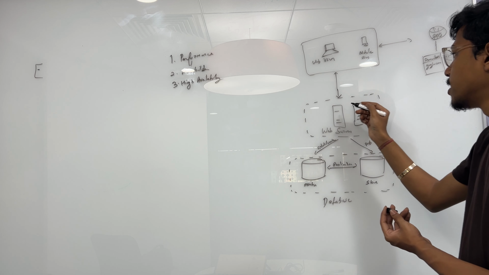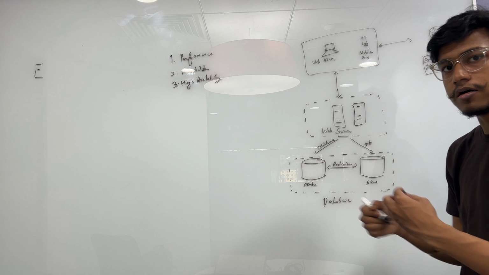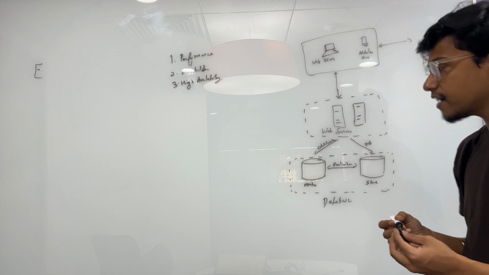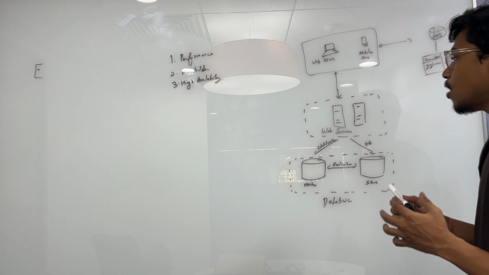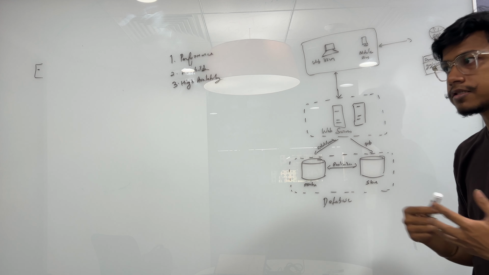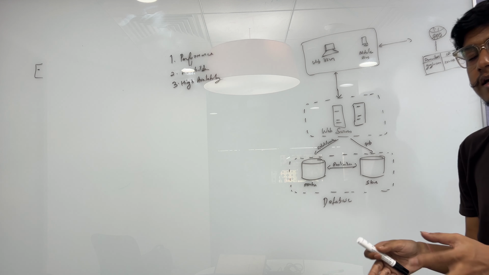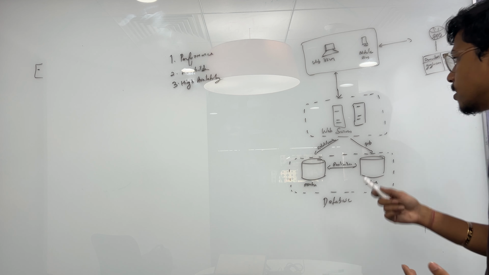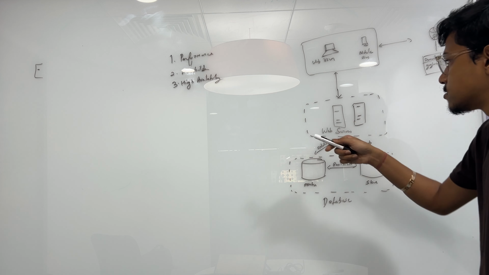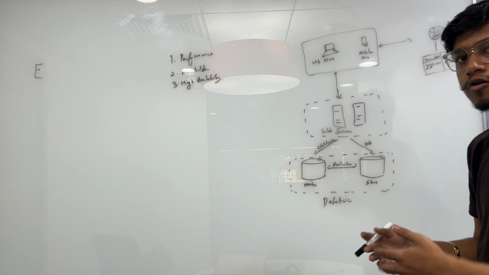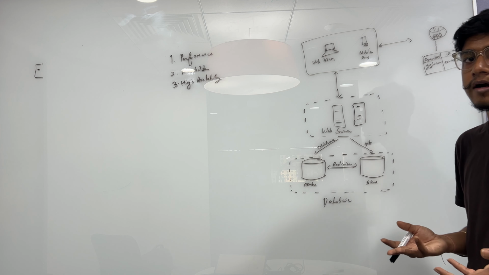And since there are multiple addresses, how will the request be routed? And how would I know that this server has two requests, so this server also should have two requests? There is no way of knowing how many requests are going to which server. One server can be overwhelmed because we do not have any information about that.